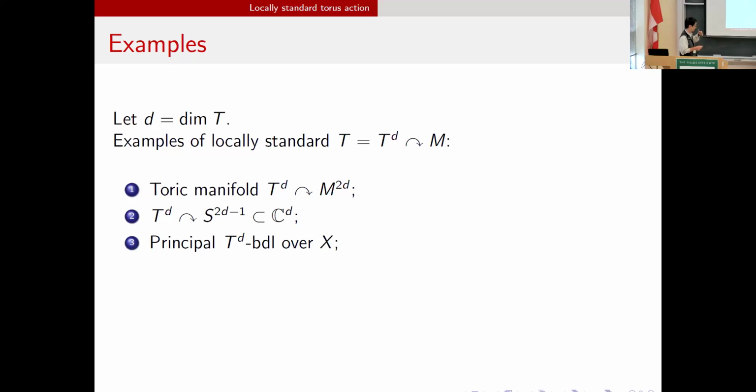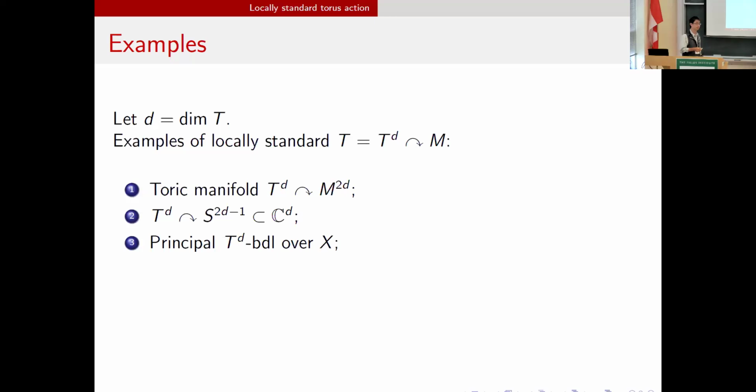It means that in this case, as a local standard chart, the C^n part is trivial and T_L is just this coordinate. And we can also have a trivial R_M part in this example. And moreover, we can construct many examples by combining these three kinds of examples.